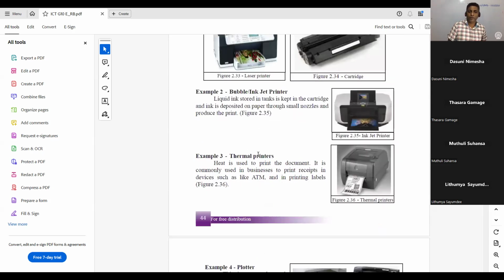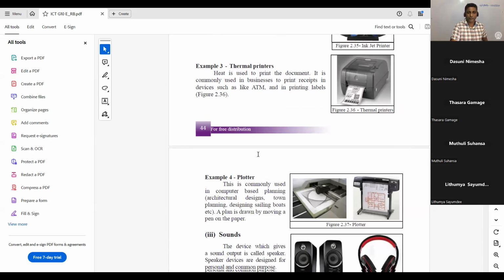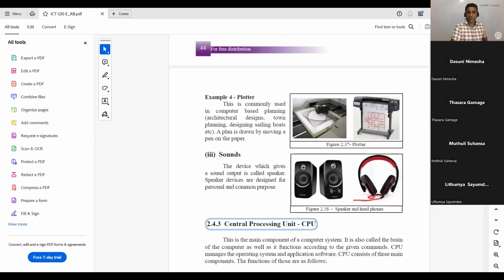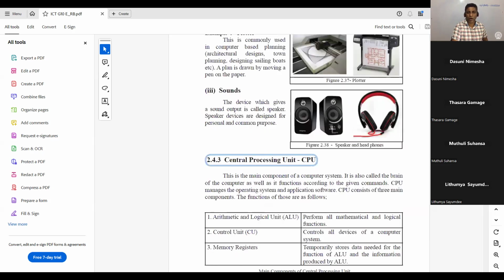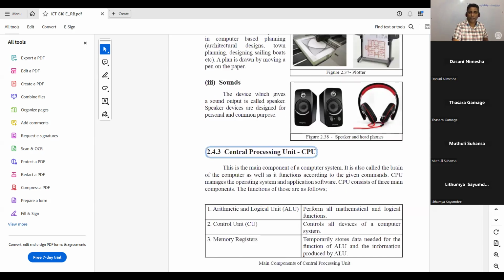We use printers for different purposes. Especially you might have seen thermal printers used in supermarkets. And plotters we basically use for CAD drawings, like house drawings. Then sound, speakers and headphones technology.